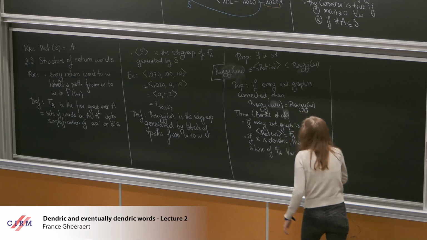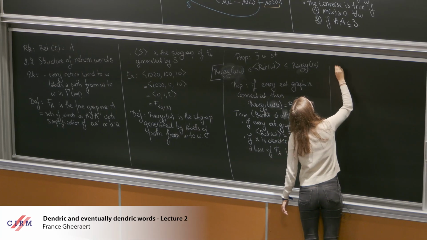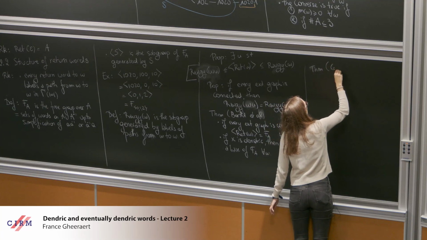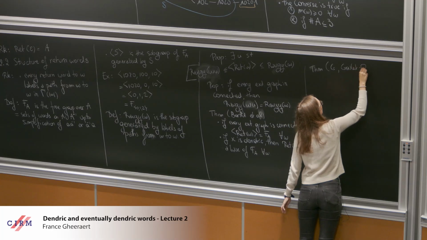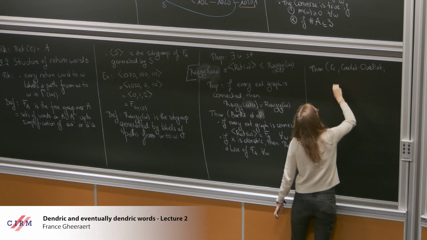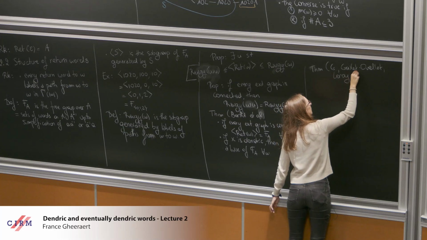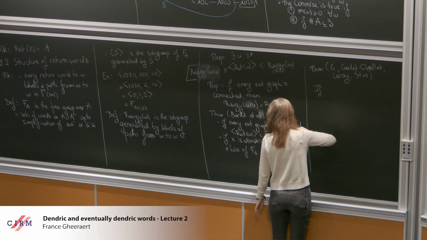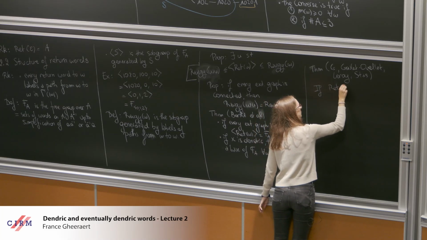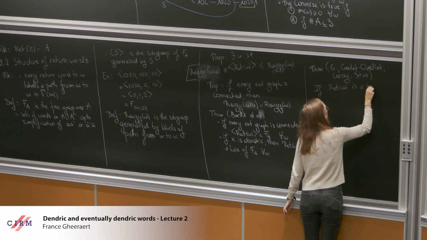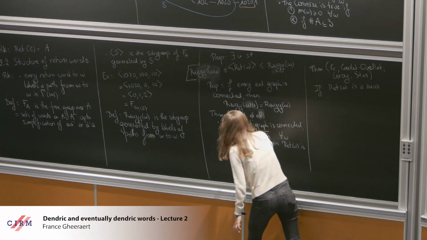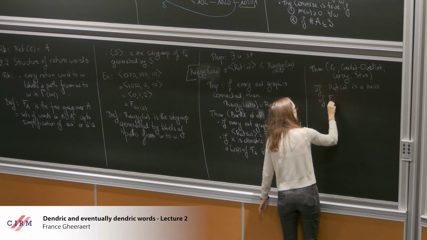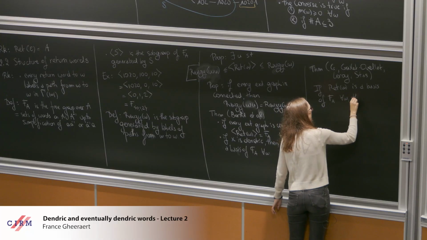This is the result we obtained: if the set of return words is a basis of the free group for all W, then your sequence is dendric.